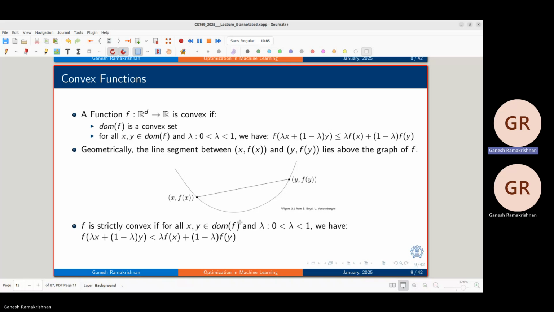Four questions. Convexity of f implies the epigraph of f is convex? Does convexity of the epigraph of f imply f is convex? Similarly, does convexity of the sublevel set L alpha of f imply convexity of f? And does convexity of f imply L alpha of f is convex?